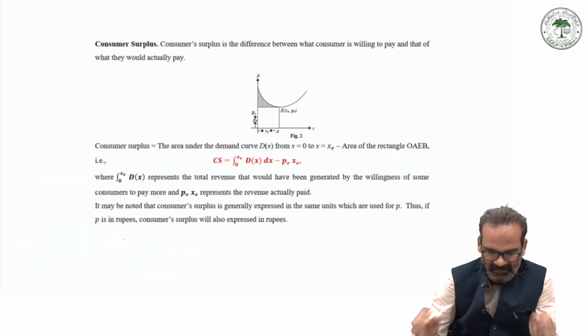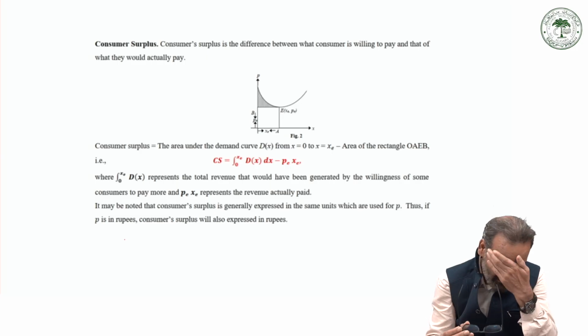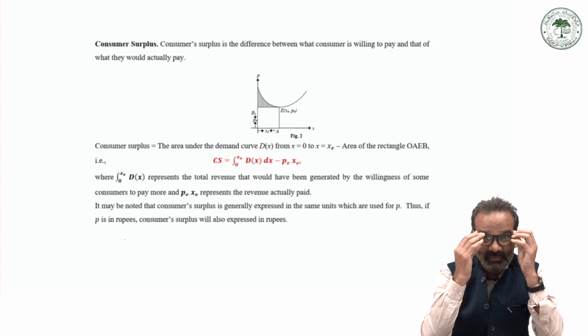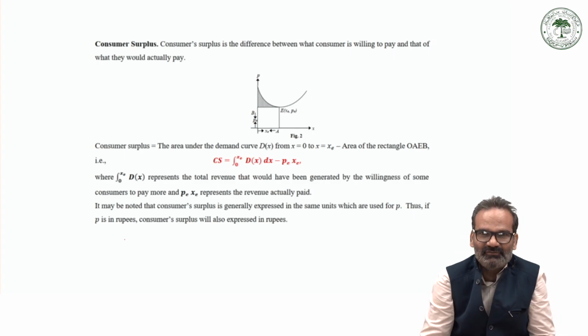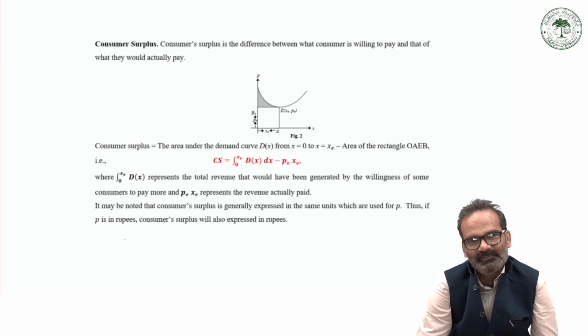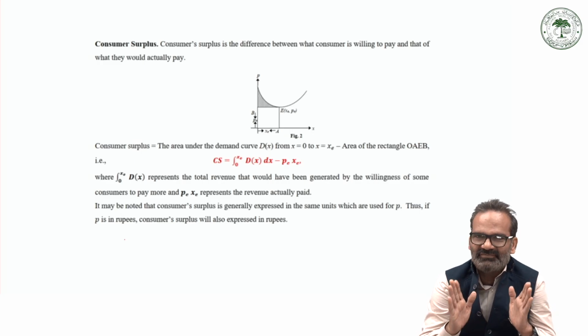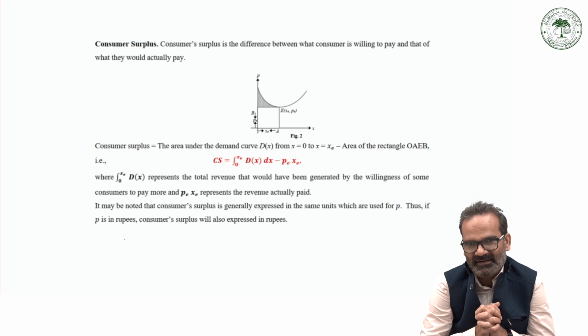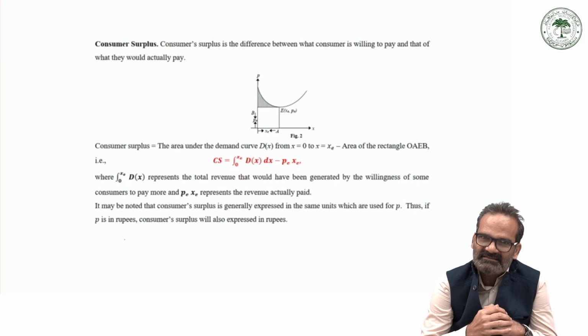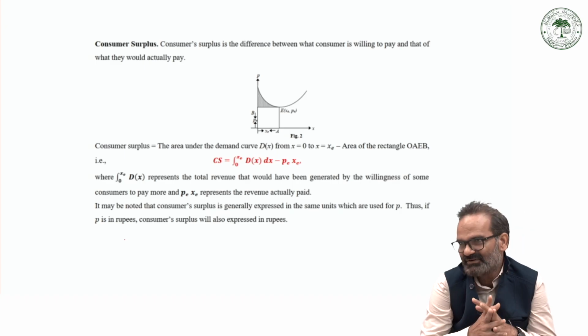Look at this. First, the basic definition of the consumer surplus. The consumer surplus is the difference between what a consumer is willing to pay and what they would actually pay.